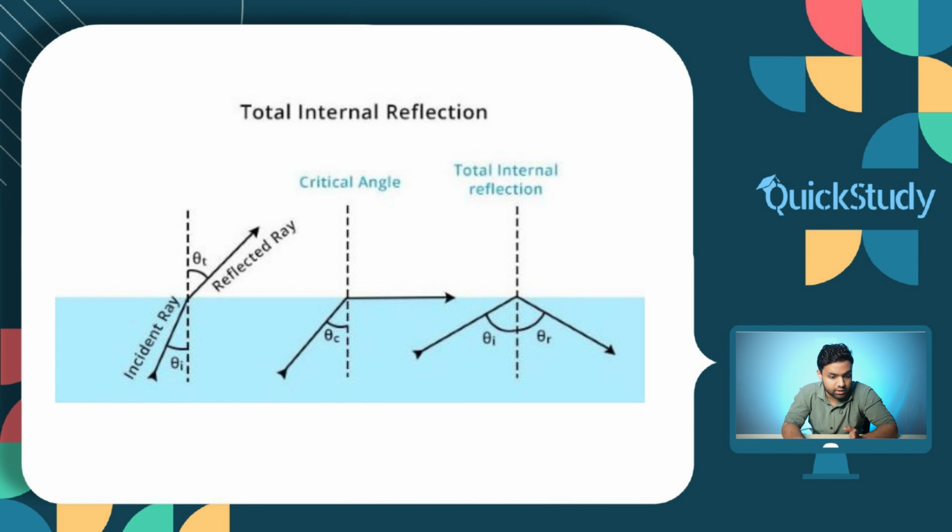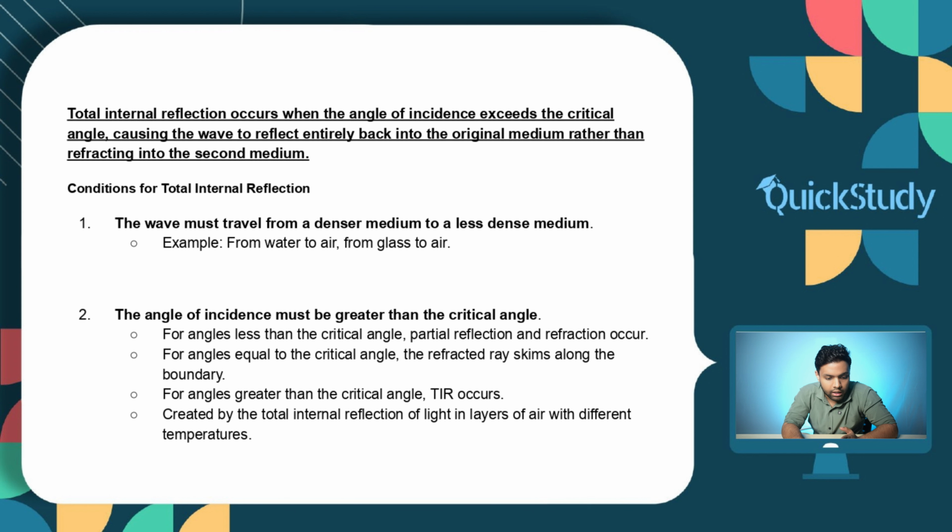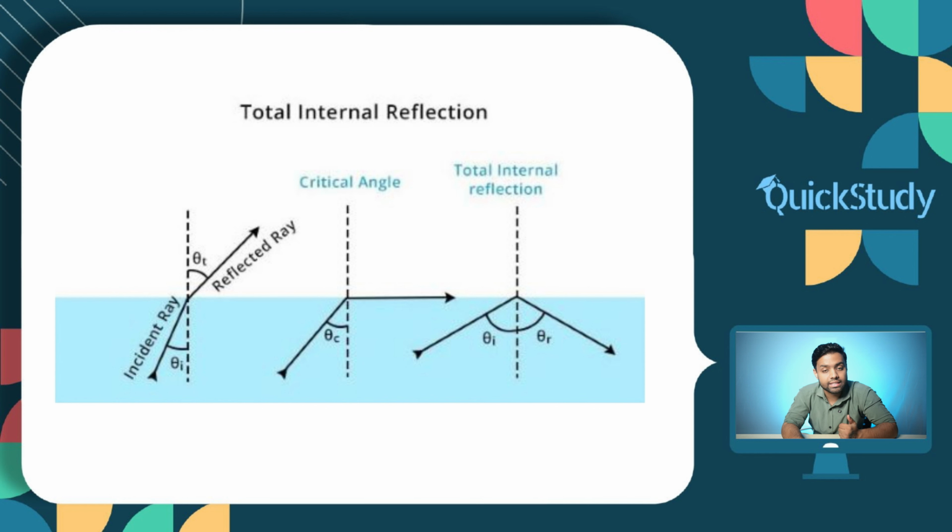Here in the first figure, that is what is happening. Partial refraction is occurring in the first figure. For angles equal to the critical angle, the refracted ray skims along the boundary. In the second figure, the refracted ray is basically along the boundary at the critical angle.